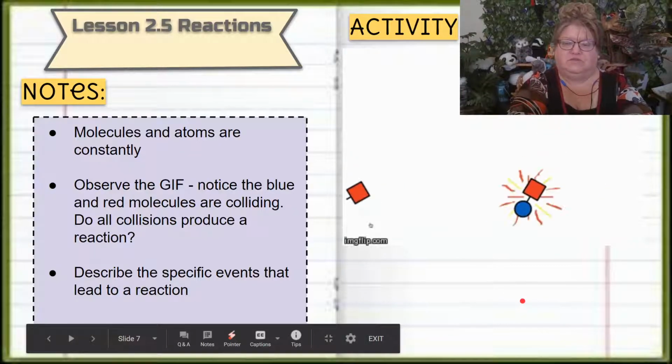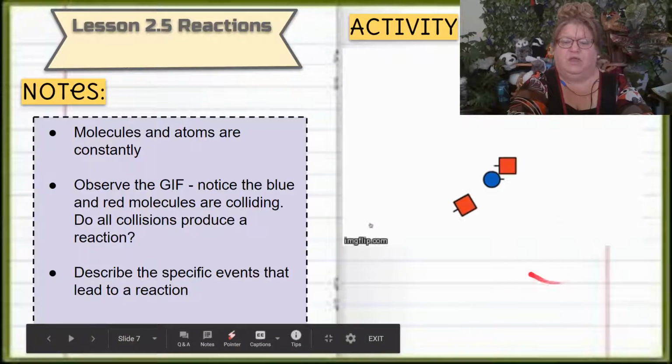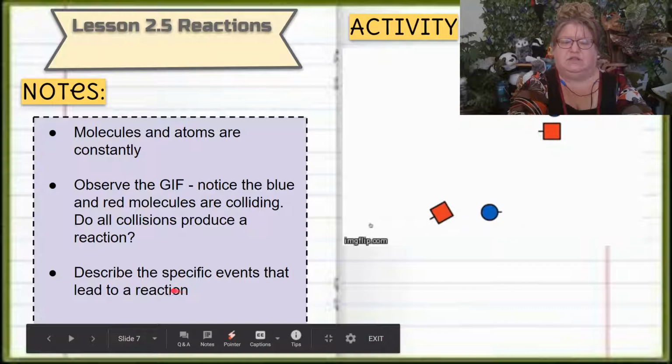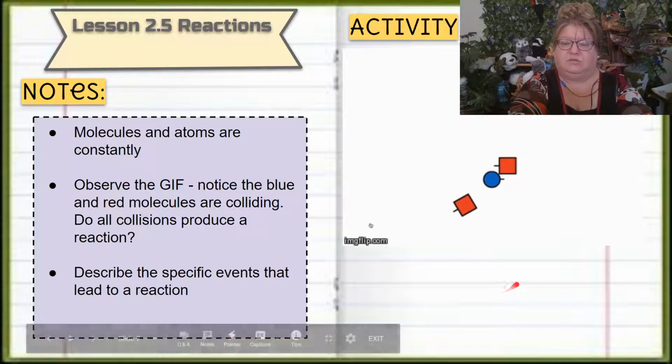So I want you to give it some thought and come up with a description that leads to why that last collision allowed a reaction to take place.